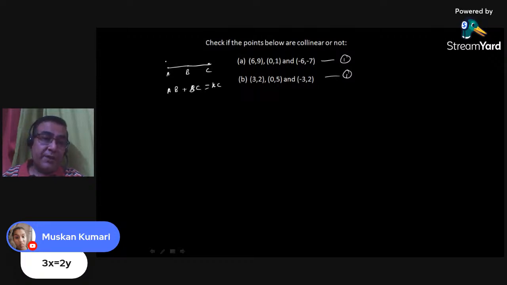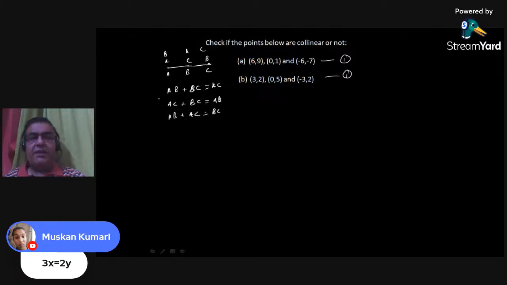Or if the points were named the other way, that if this was C and this was B and this was A, then AC plus BC should be equal to AB. Or if they were named as B, A and C, then AB plus AC should be equal to BC.